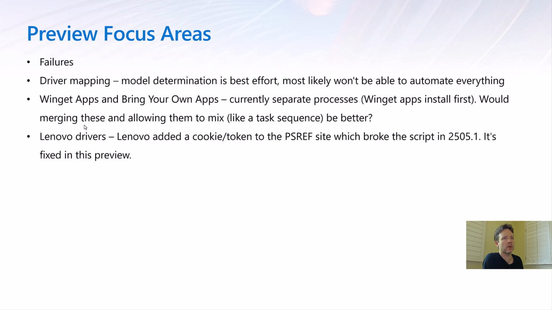Because they generate this token through JavaScript, I'm using Edge in headless mode to navigate to the site, read the cookie with DevTools, and pull the cookie value out, and then I'm passing that over to the script to make the appropriate calls to get all the model information. So it's very, very complex.